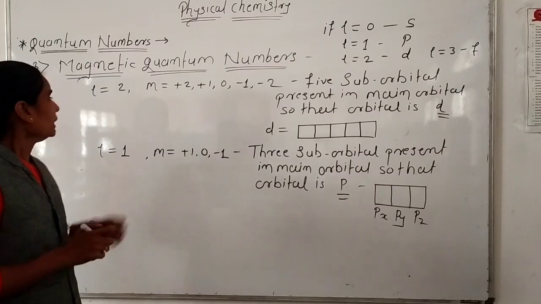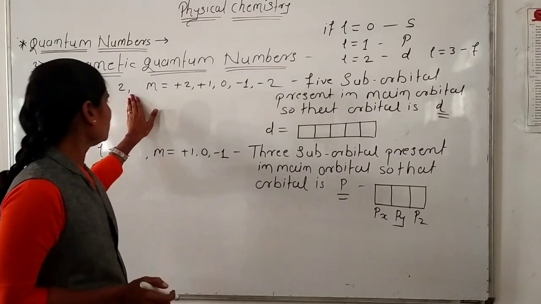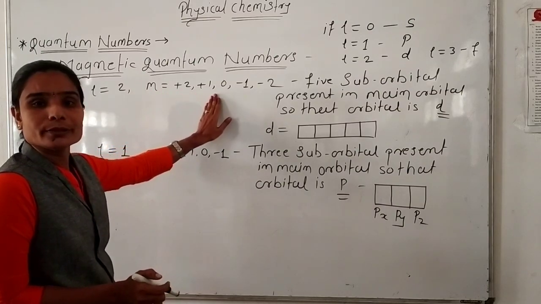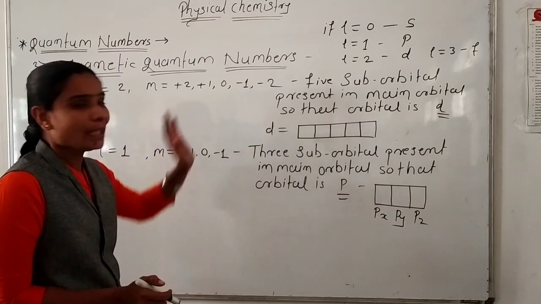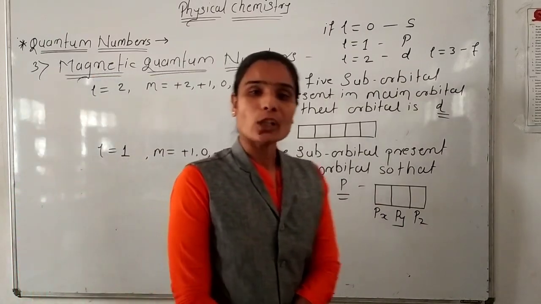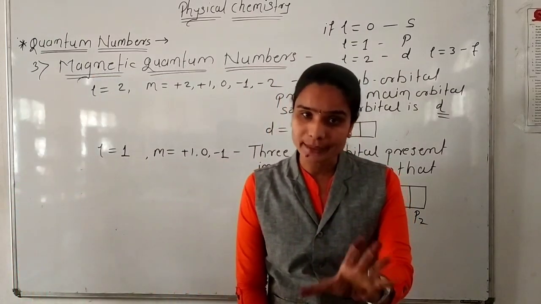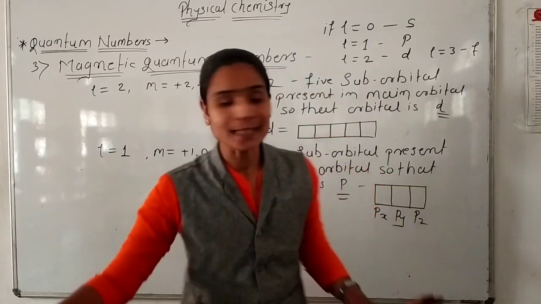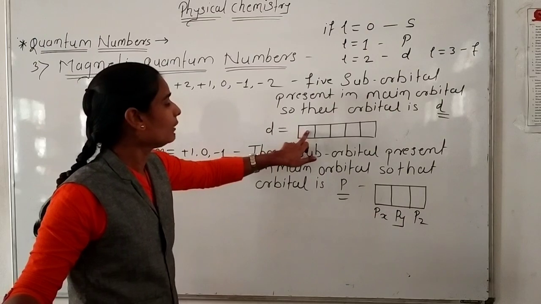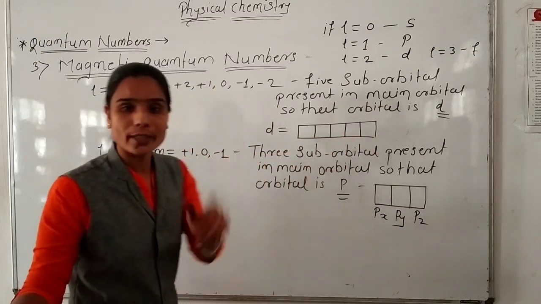Okay. L is equal to 2. That's why m has values +2, +1, 0, -1, -2, and it indicates 5 values, means what? That orbital has 5 suborbitals or 5 subshells, and that orbital is the d orbital, and the d orbital has 1, 2, 3, 4, 5 subshells.